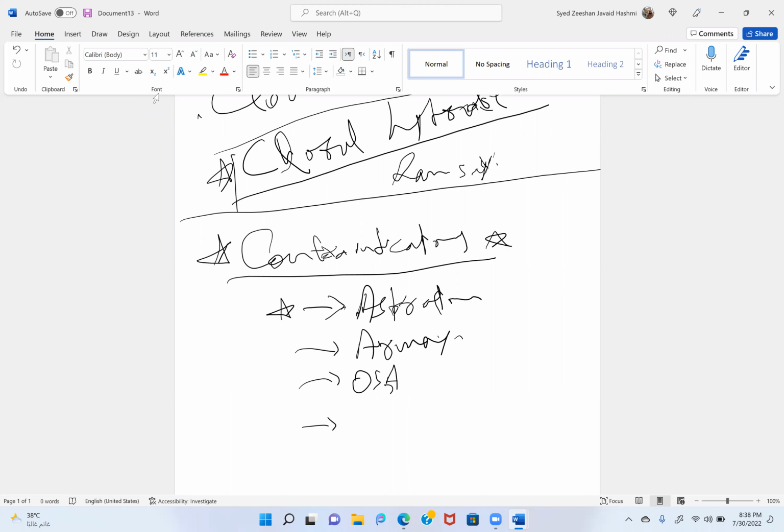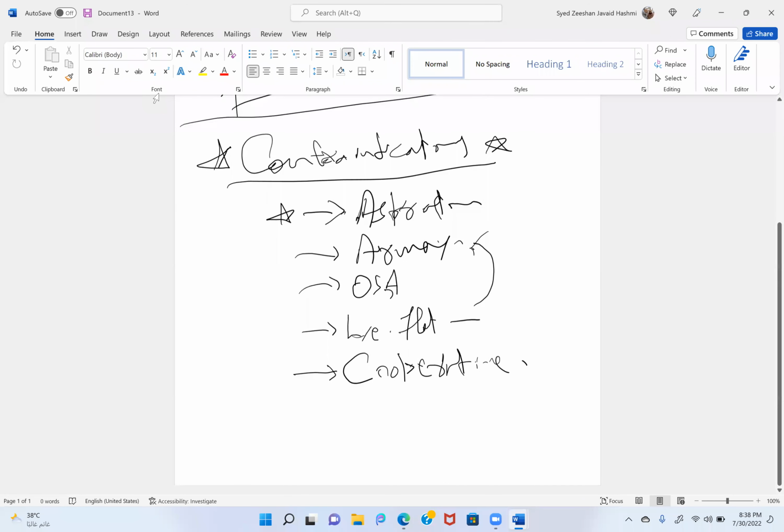If the patient is not able to lie flat, okay, it will come under the airway actually, but the patient is not able to lie flat, the patient is not cooperative. For that you need cooperation. So how will you do it if the patient is not cooperative? You cannot do this sort of thing.